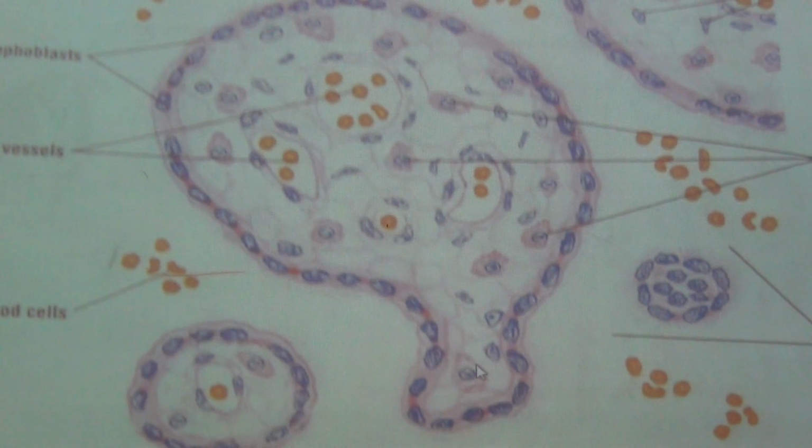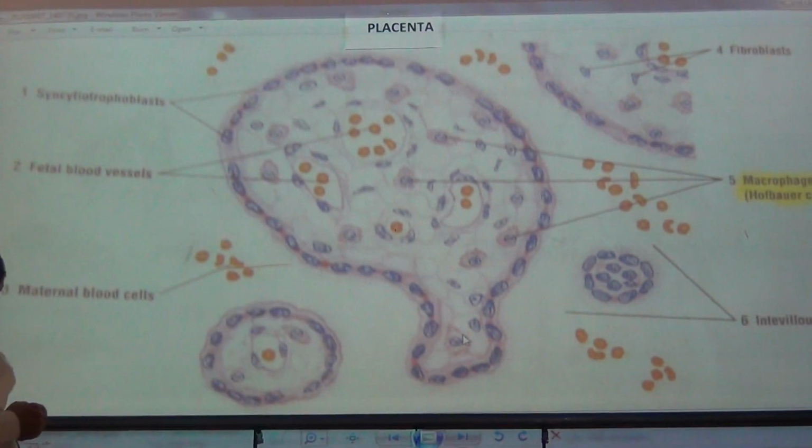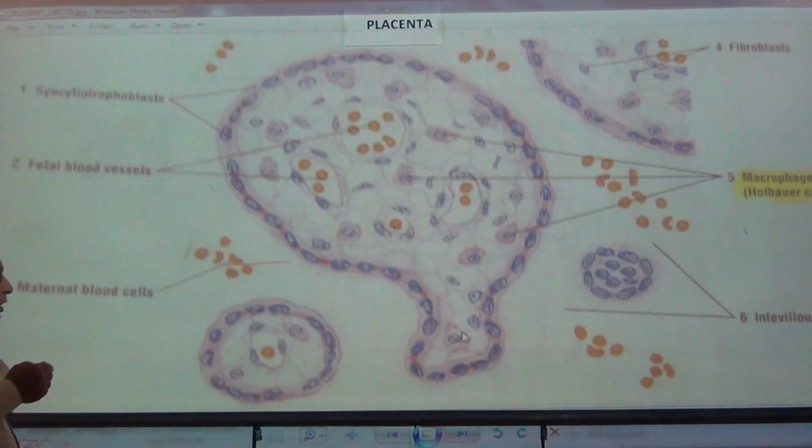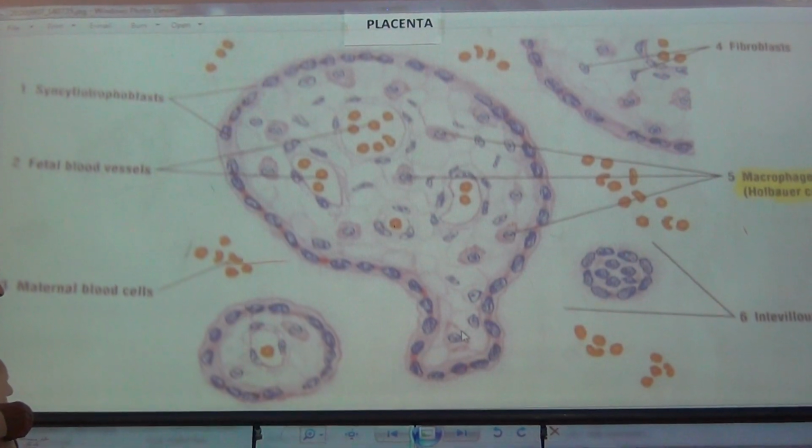Then the placenta also produces the somatomammotropic hormone. The third one is the relaxin hormone.